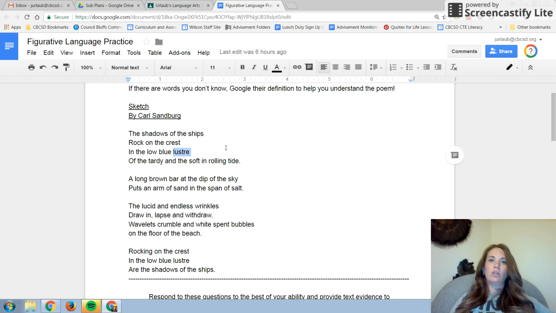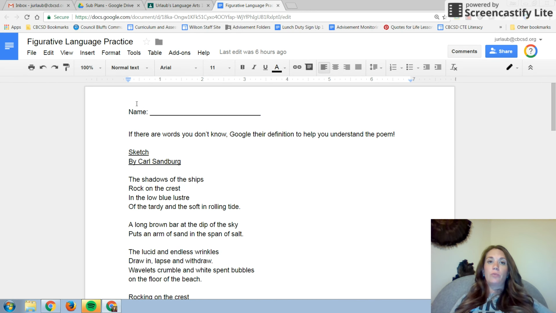If you don't know, you need to Google the definition of it so that when it comes time to understand the text, you're able to better do so because you understand what the word means. Some of you may not know what span means. So the first step is to just look up words you don't know to help you understand the poem, okay?